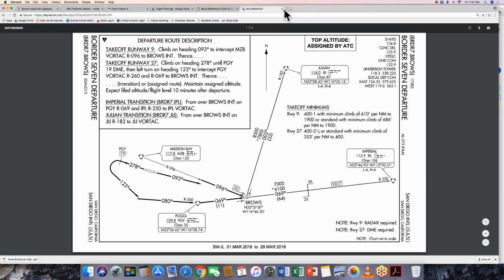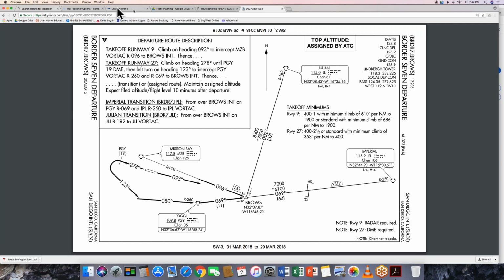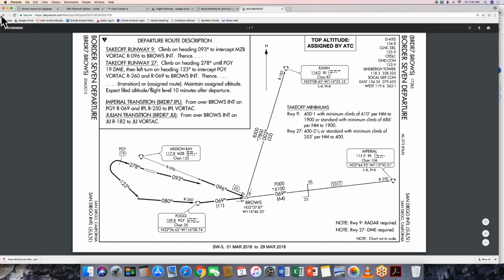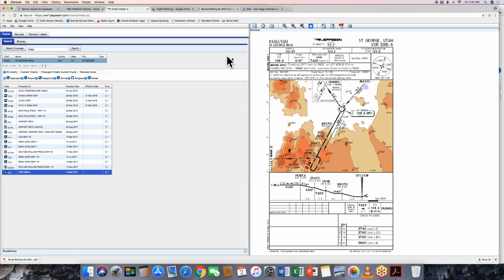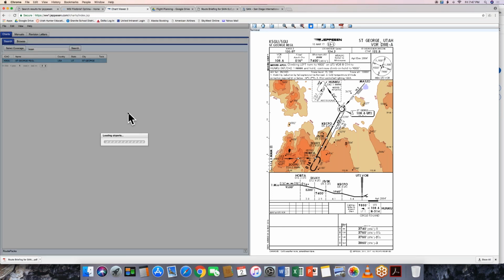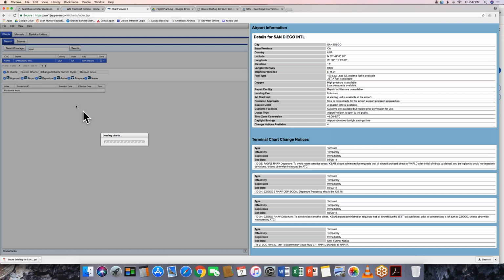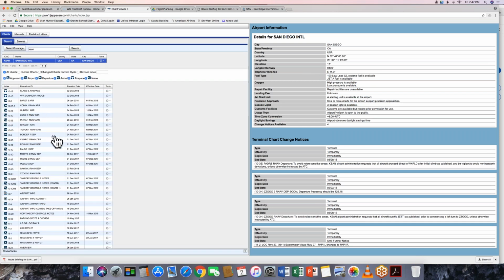In fact, do you know what? I think we need to use the Jeppesen charts here, because I really want you guys to be familiar with Jeppesen. You won't ever use those other ones when you're working for a company. At least I don't know of anybody that uses those. So we're going to look at Jeppesen SIDs and STARs.